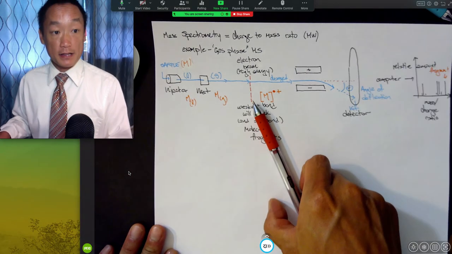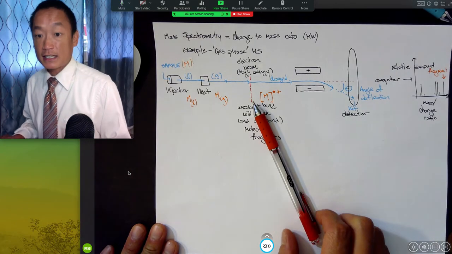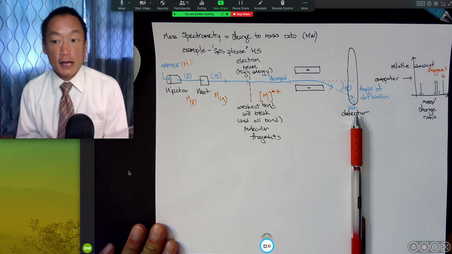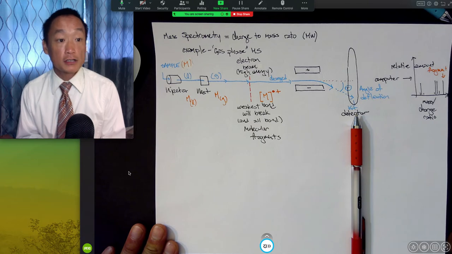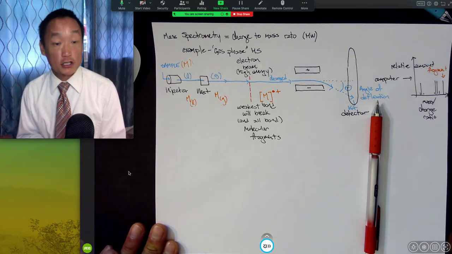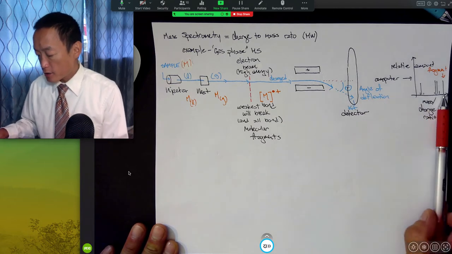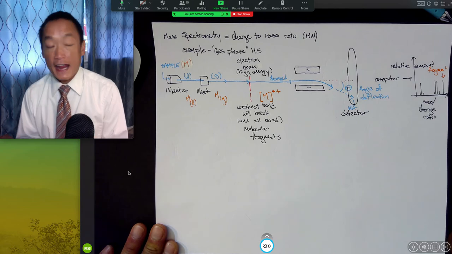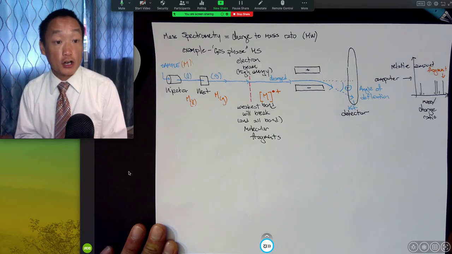Different pieces of that molecule got deflected to different areas on our detector, and then we back calculate based on its angle of deflection what its mass should have been, and we can calculate for each and every single one of these peaks a different charge to mass ratio.